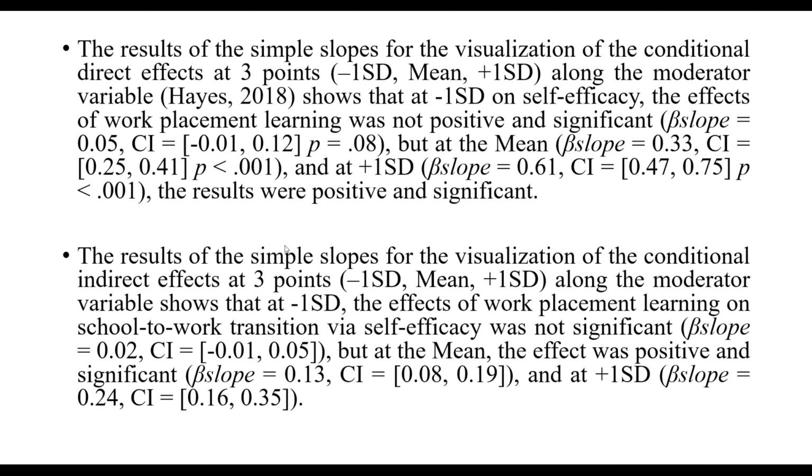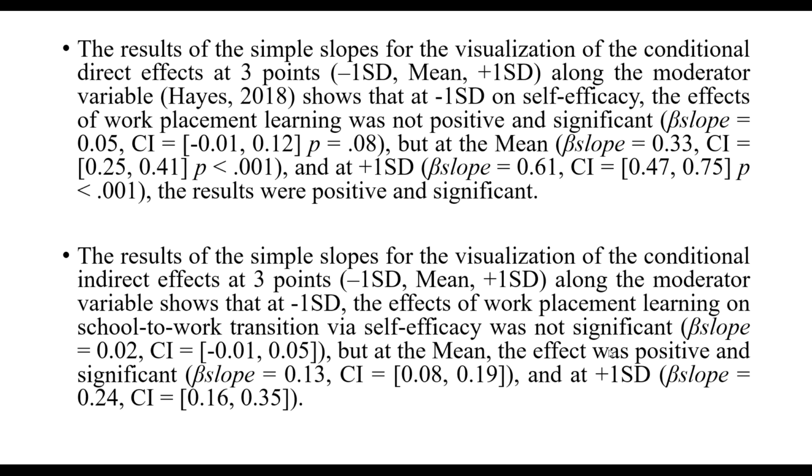The result of the simple slope for the visualization of the conditional indirect effect. So this is the moderation of the mediation effect of self-efficacy in this study. The result shows that along the moderator variable at -1 standard deviation, which is at low level of parental support, the result is not statistically significant. You can still see this plays out here.